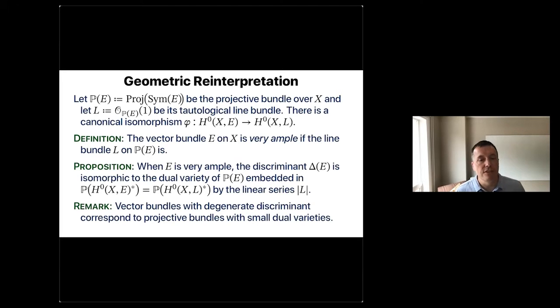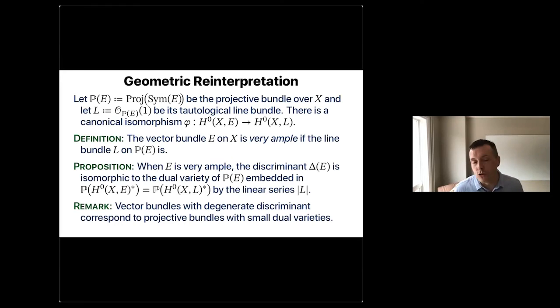And when E is very ample, that means P of E embeds into the projective space we were interested in. Then the discriminant of E is isomorphic to the dual variety of P of E, where P of E is embedded into this projective space by the complete linear series associated to our line bundle.